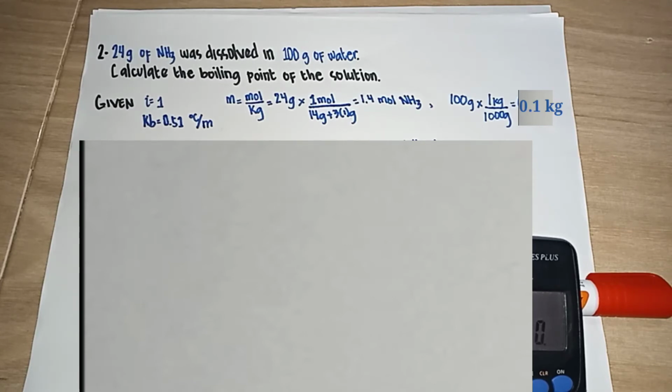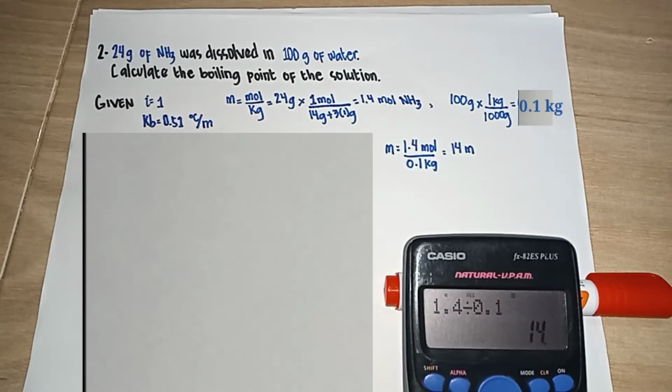So 100 grams divided by 1,000 grams is equal to 0.1. So ngayon, magiging 1.4, the value of our solute, divided by the 0.1 is 14. Since nakuha na natin ang i, ang Kb at ang molality natin, pwede na natin i-substitute.